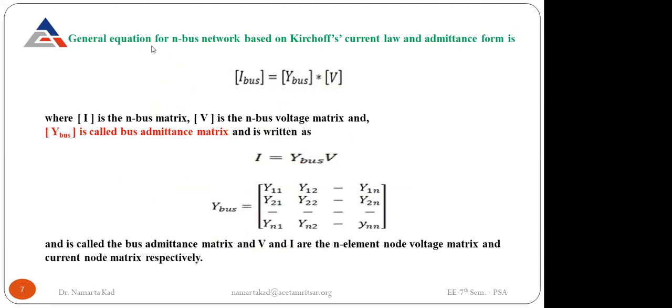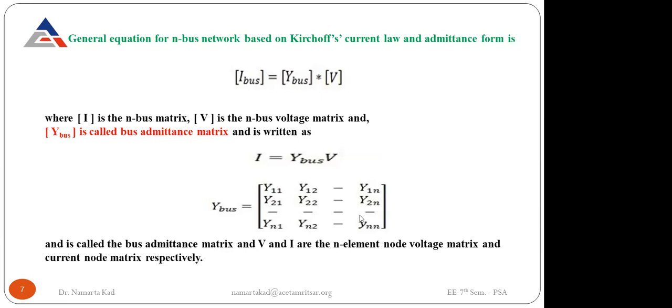And the general equation for N bus networks can be written as I bus is equal to Y bus into V bus, where I is the N bus current matrix, V is the N bus voltage matrix, and Y bus is the bus admittance matrix, an N by N matrix. That depends upon the number of buses.